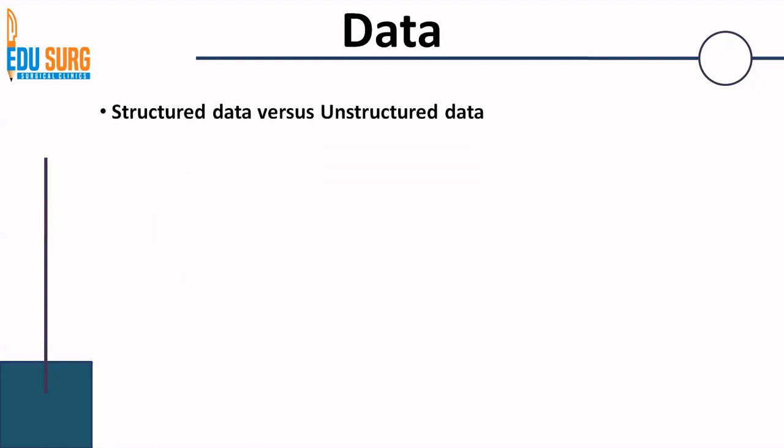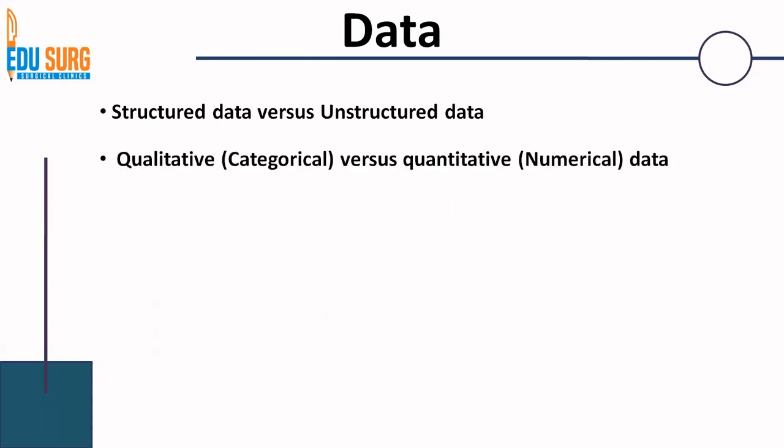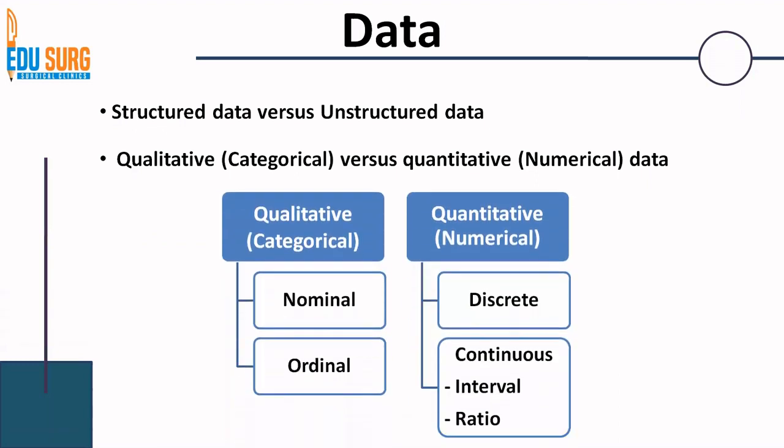Some more variations: you can have structured data versus unstructured data, and you can also have qualitative or categorical data versus quantitative or numerical data. Now understand that you will have variables which are qualitative and quantitative. Again, a qualitative variable is categorical, that is, you have categories. Similarly, in data, you have qualitative and quantitative. And there is a classification of data for both qualitative and quantitative.